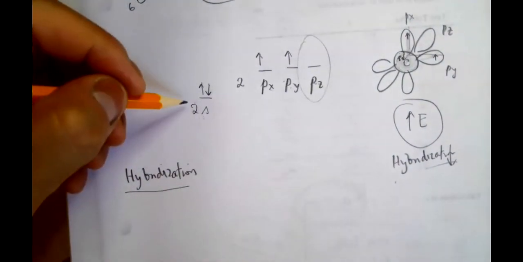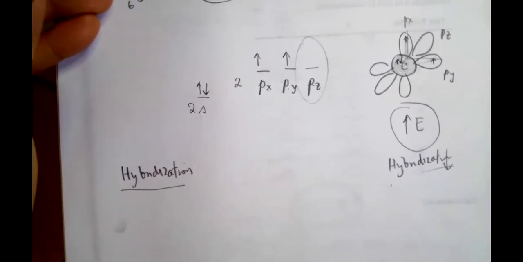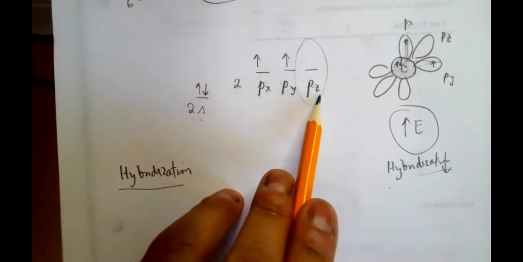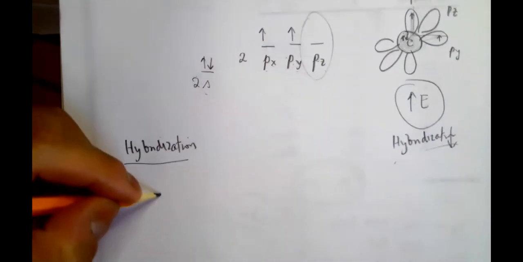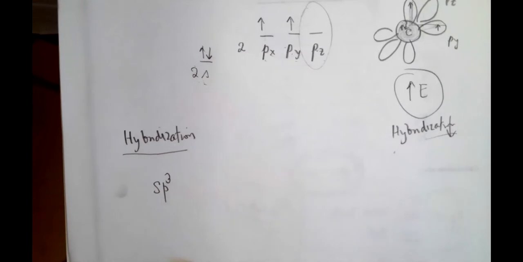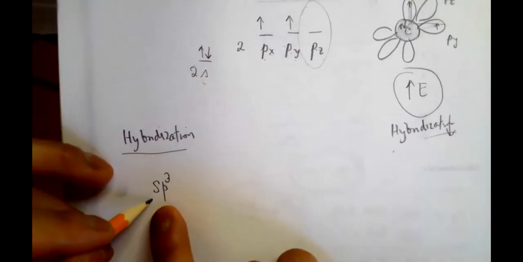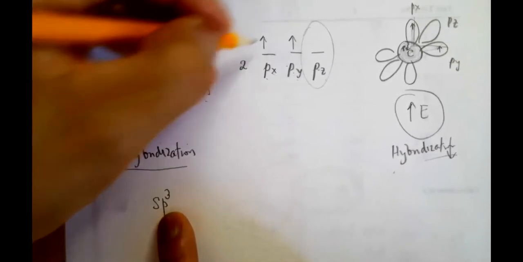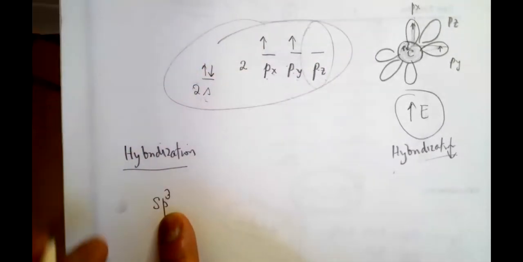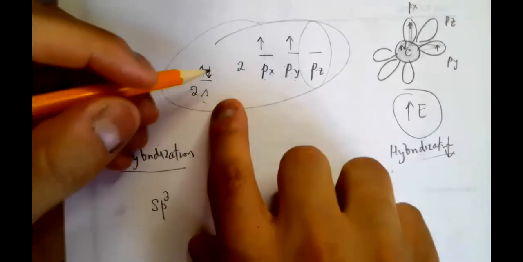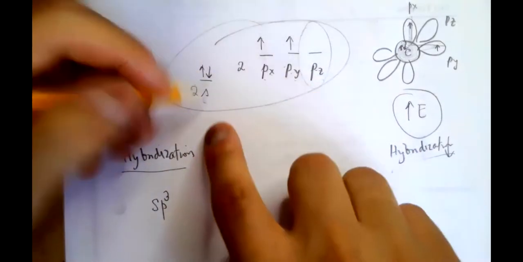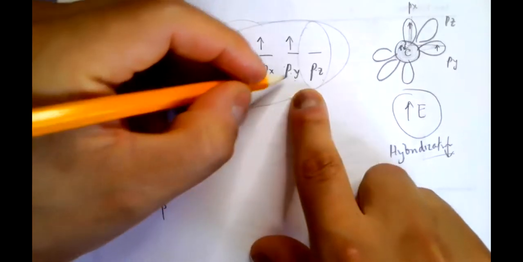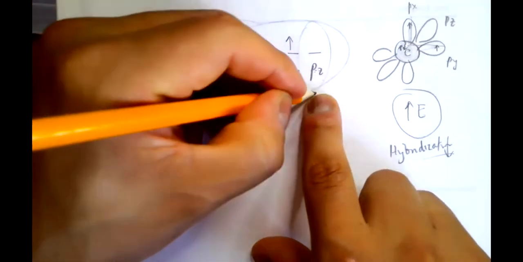Okay? So I'll just give you a brief of what happens. You have 1 s orbital and you have 3 p orbitals. The highest hybridization is called sp3. Why is it called sp3? Because it combines 1 s orbital with 3 p orbitals. So how many atomic orbitals are you mixing? This is the atomic orbital 2s, atomic orbital 2px, atomic orbital 2py, atomic orbital 2pz.